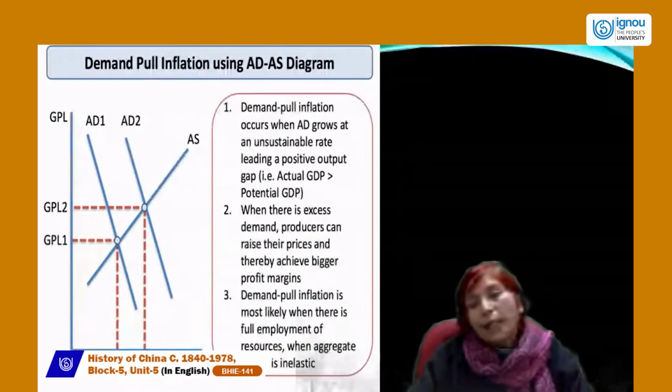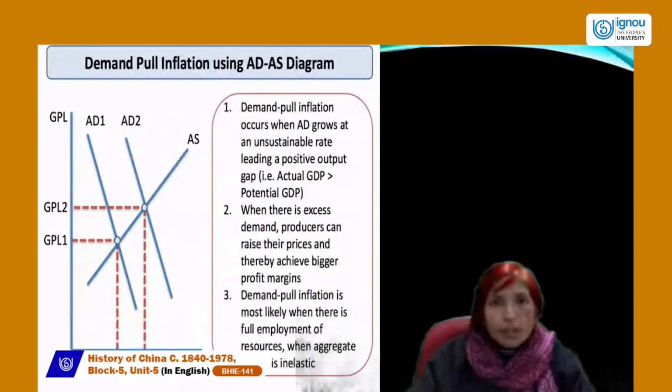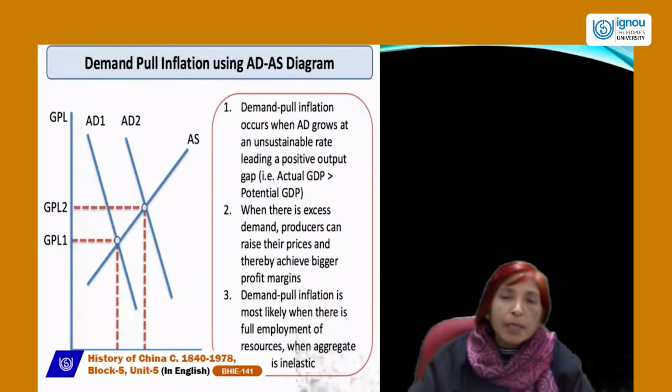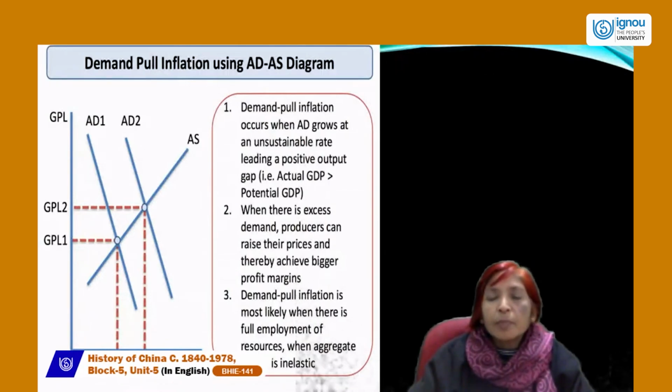And aggregate supply shows the total amount of goods and services which is supplied by producers in a particular period of time. And aggregate supply is directly related with price level. When price rises, supply rises.